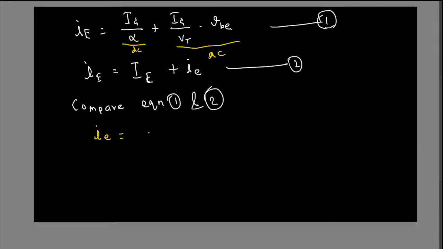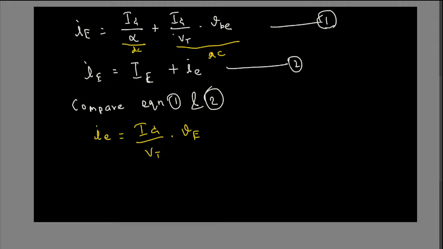So this one, ie, we write as IC over VT times VBE. This is the emitter current equation, and I also forgot the alpha.